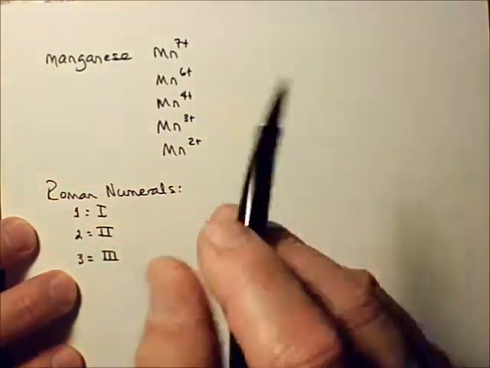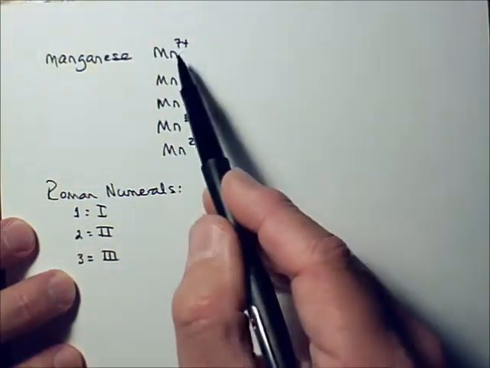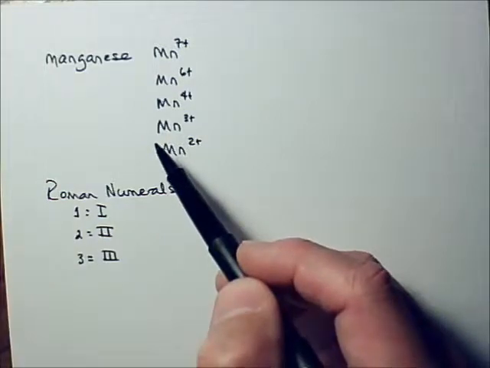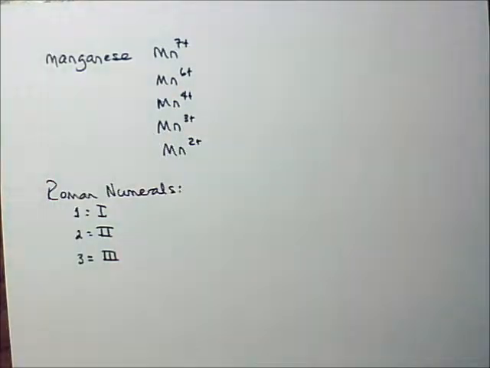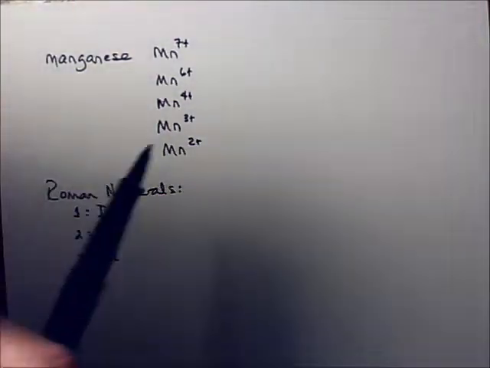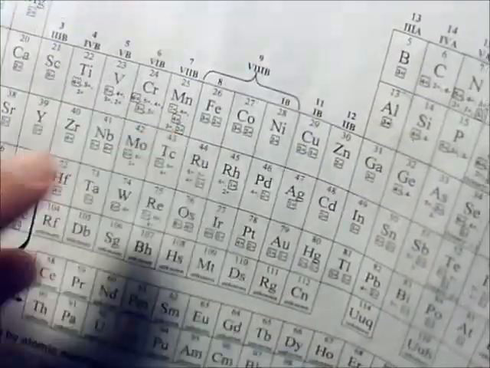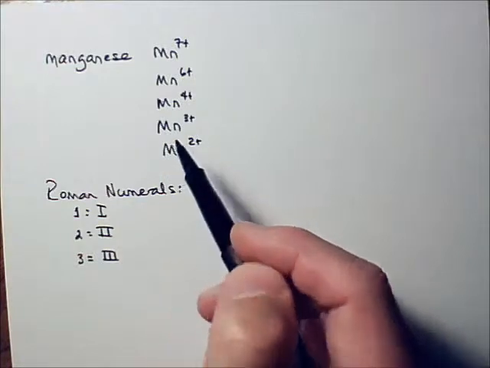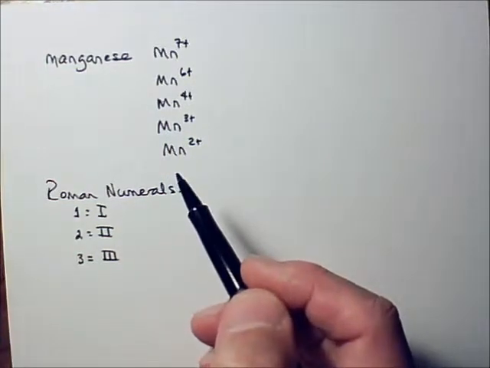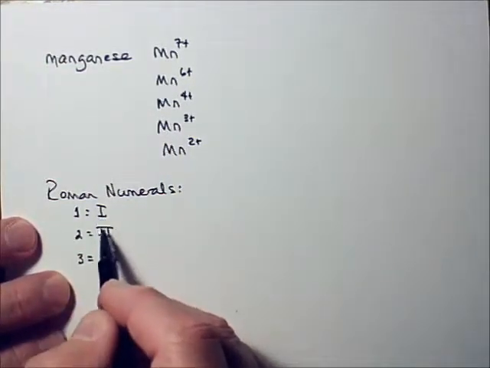So when we have a metal as part of an ionic compound formula that has more than one oxidation number, like manganese has 5 different potential numbers, we have to name each of them differently, and we use Roman numerals to do that. Roman numerals are like this.